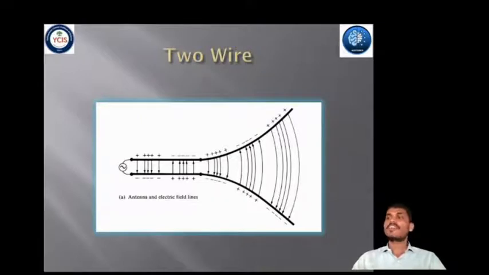Now the electric lines of force tend to act on the free electrons associated with each conductor and force them to be dispatched from the antenna toward free space. Now the movement of the charges creates a current that in turn creates a magnetic field intensity. Associated with the magnetic field intensity are magnetic lines of force, which are also tangent to the magnetic field.